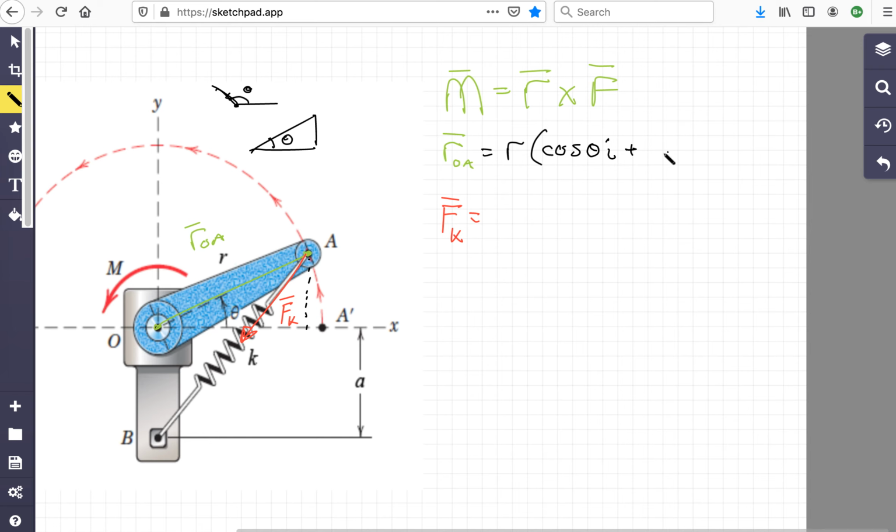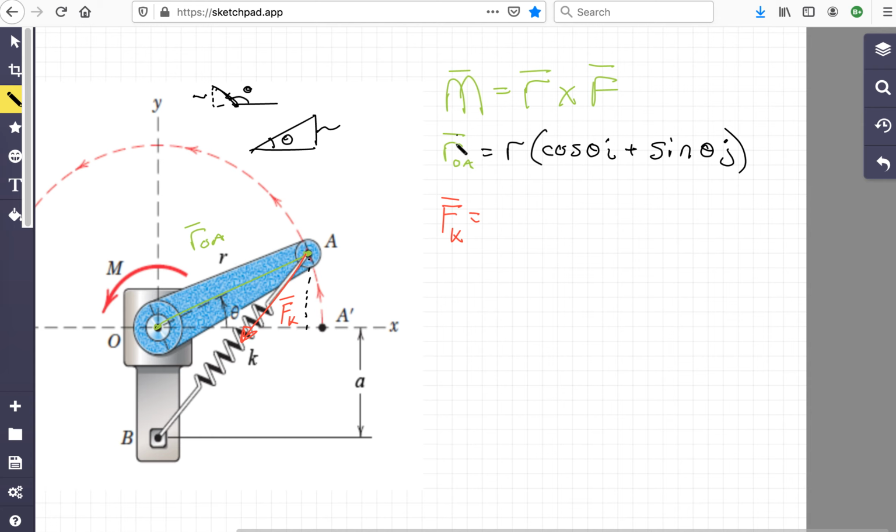Plus, you guessed it, the sine, because we're looking at this side, or this side. The sine of theta, and that's in the J. So that's it for the R vector. Now, this changes from 0 to pi over 2, or 180 degrees.